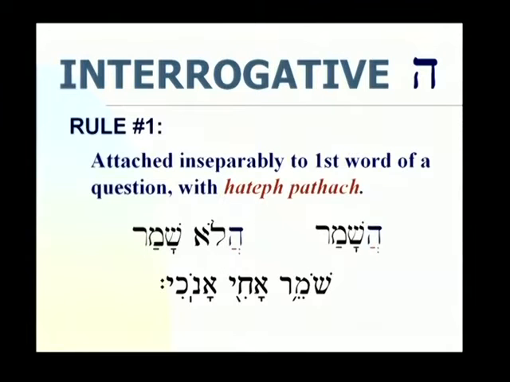Literally, without the question on it, it is "I am my brother's keeper," but with the interrogative hey on it, it becomes the question: Am I my brother's keeper? You see how it changes? It's on the first word of this sentence and becomes a question.